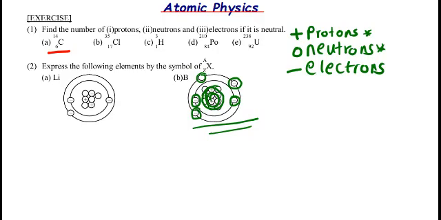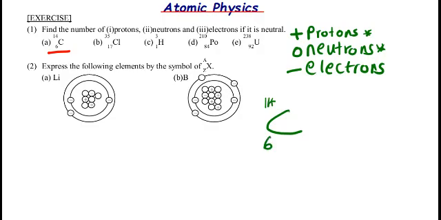In the case where they have asked you, for example, this question which is saying find the number of protons, neutrons, and electrons if it is neutral. So if we are dealing with a neutral atom, what you need to understand is, for example, we have carbon there, which is C, with a 14 and a 6 there.